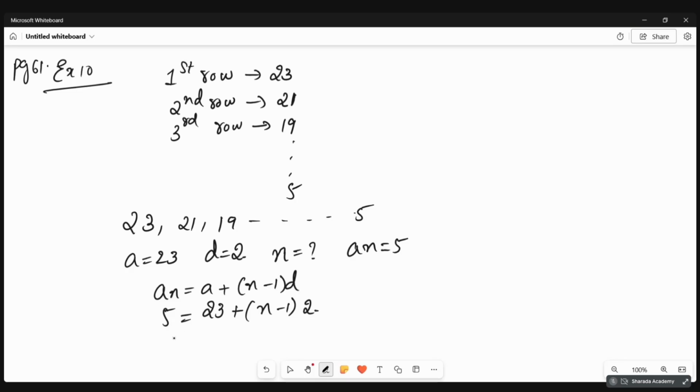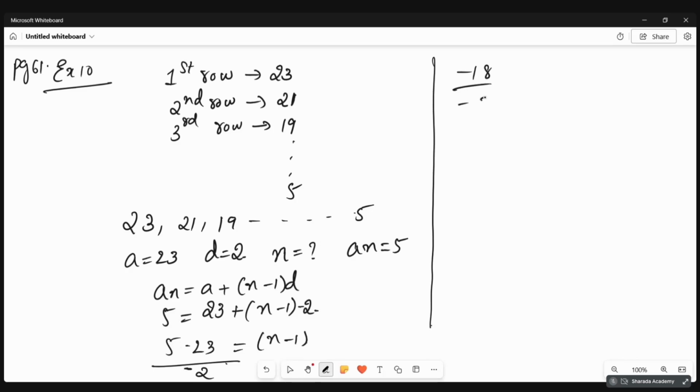So 5 minus 23, you will get minus 18 by minus 2 is equal to n minus 1. So 9 is equal to n minus 1, n is equal to 10.